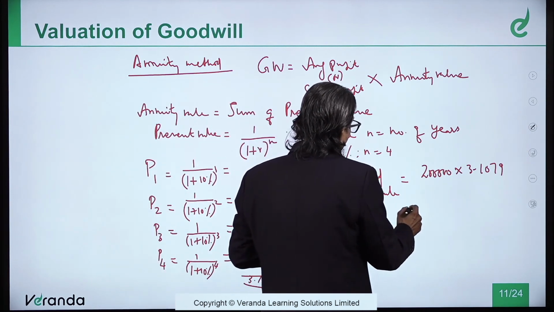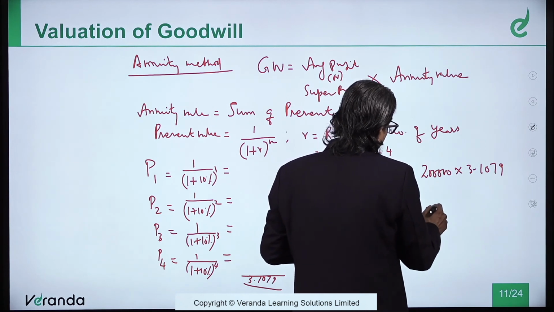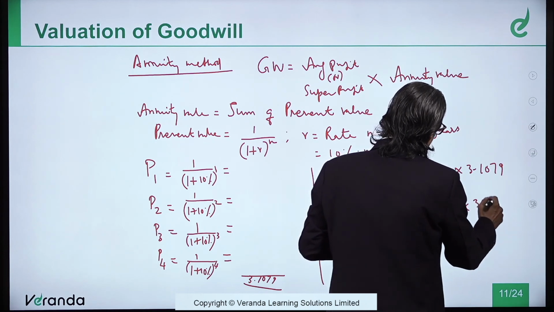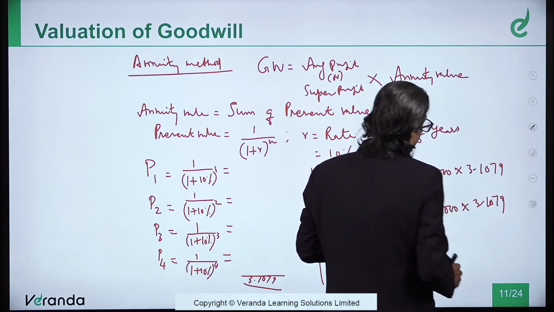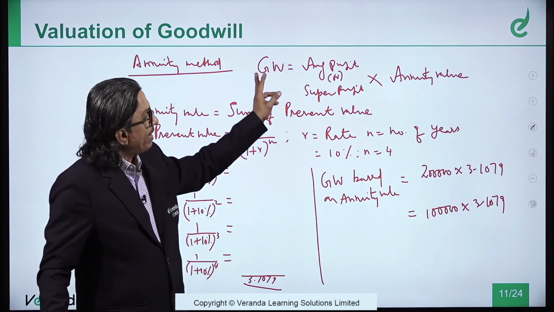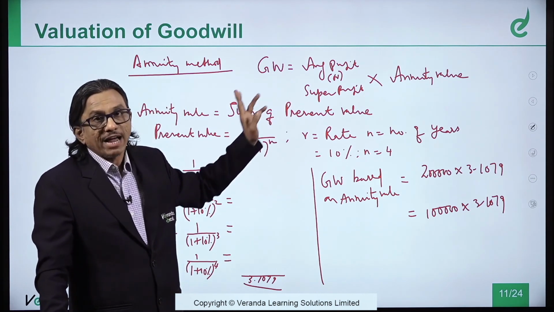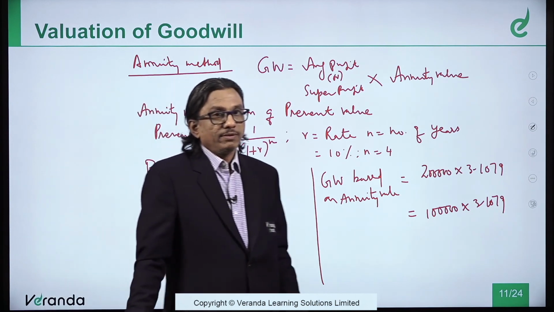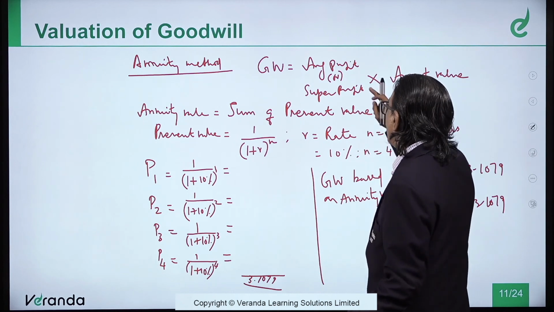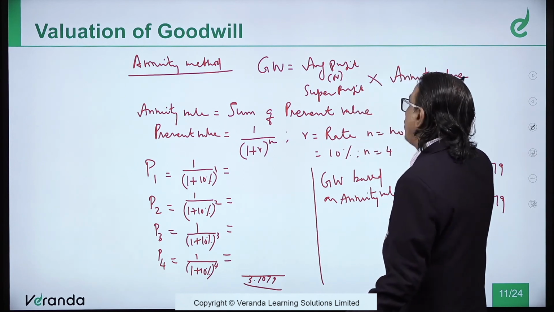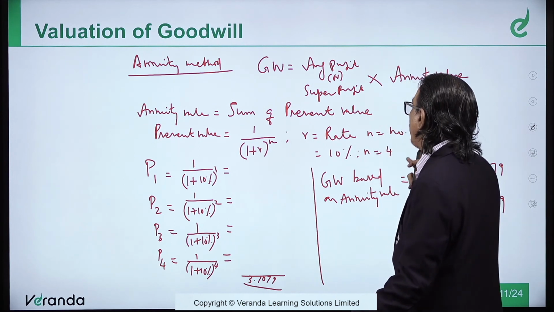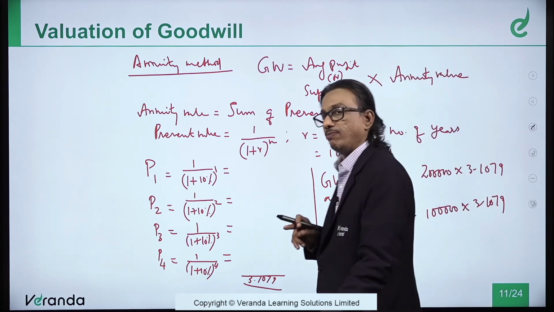Or you want to apply super profit, then multiply super profit by the annuity value of 3.1079, you will get the value of goodwill. So, if they ask you to do the valuation of goodwill by annuity method, the formula is average profit or super profit into annuity value. That means first find average profit or super profit, then multiply by annuity value.